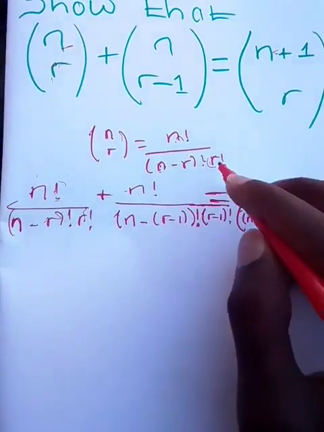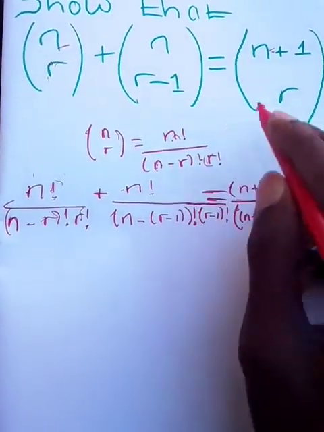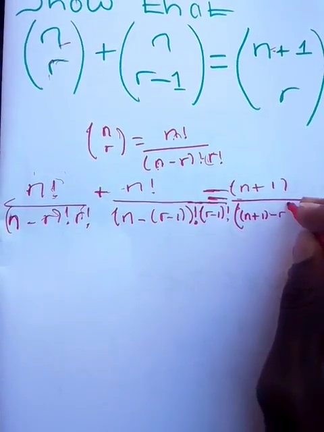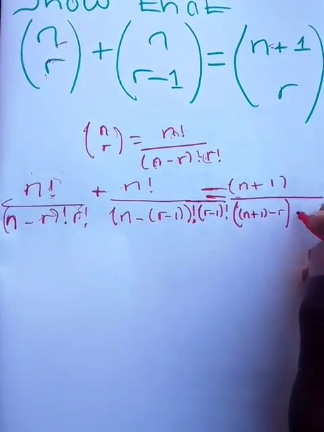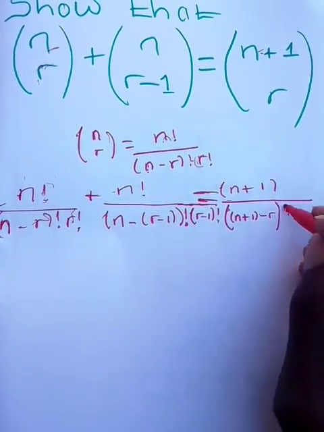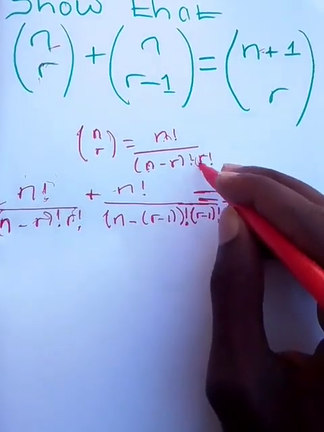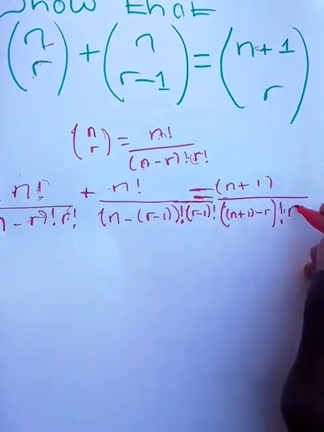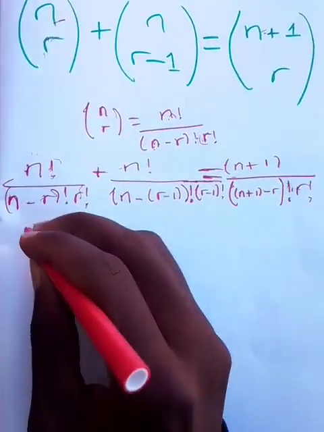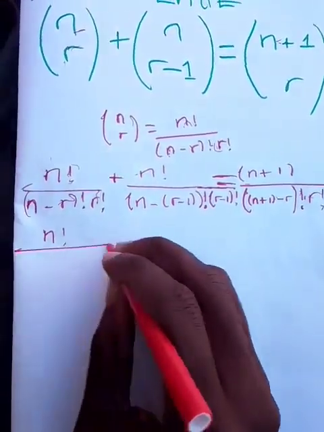So n plus 1 minus r. What is our r? It is simply r, right? So minus r. And then put a factorial here. And then what is our r this time? Our r is simply r factorial. So basically here, I'm trying to say that we are proving this.